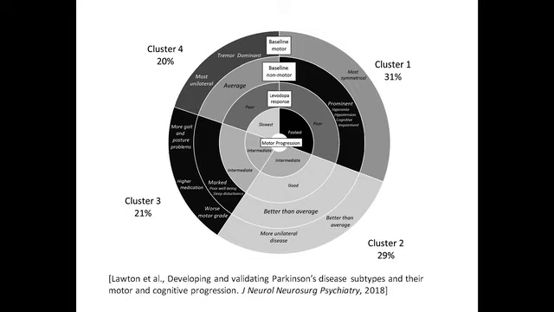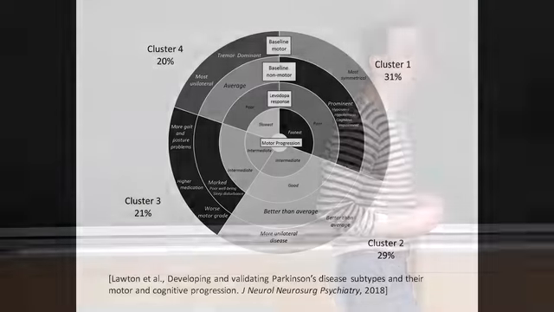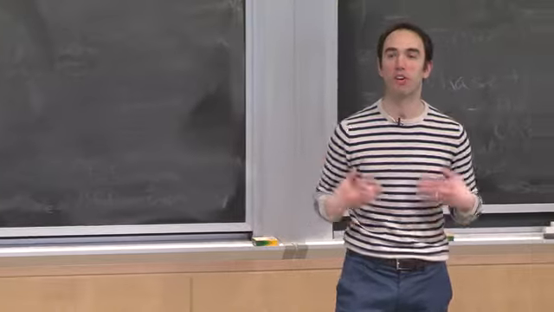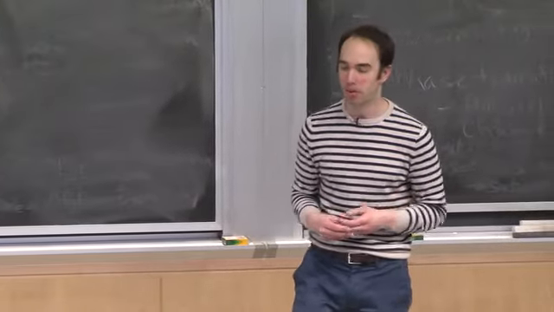Patients in cluster 1 are characterized by having a very poor response to that drug. Patients in cluster 3 are characterized as having intermediate. Patient cluster 2 as having good response to that drug. Similarly, one could look at baseline motor symptoms. So at the time the patient is diagnosed or comes into the clinic for the first time to manage their disease, you can look at what types of motor-like symptoms do they have. And again, you see different heterogeneous aspects to these different clusters. So this is a very concrete way of what I mean by trying to subtype patients.